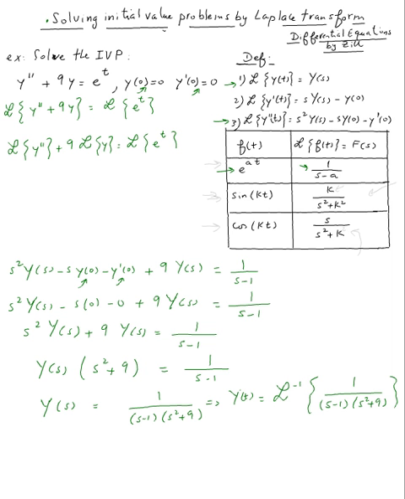Now, before we can use the table of Laplace inverse, we have to use partial fractions. So let me do it here. So 1 over s minus 1 times s squared plus 9.